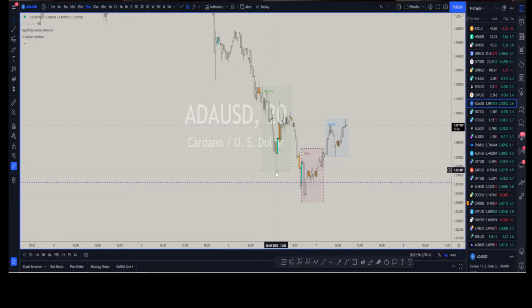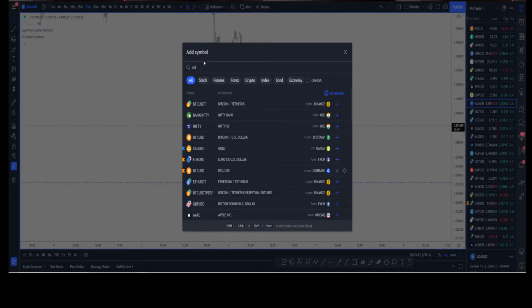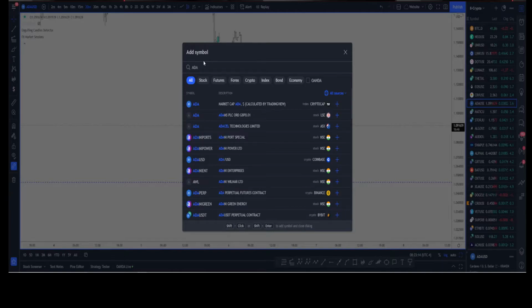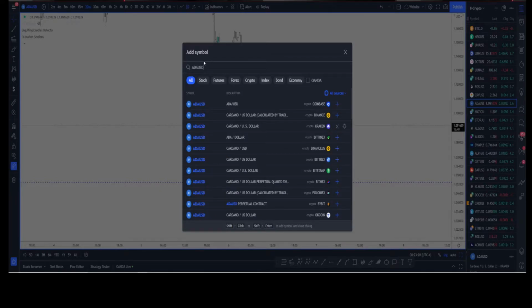And New York close is 1.06. So after New York, well, retraced, yes. Go to another exchange. Oh yeah. Check the scam wick. I was talking about the scam wick. There is a scam wick at least where I'm on, Coinbase. ADA USD, Coinbase.